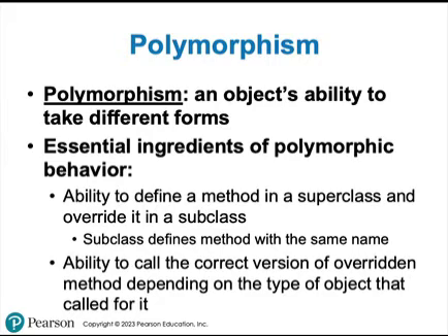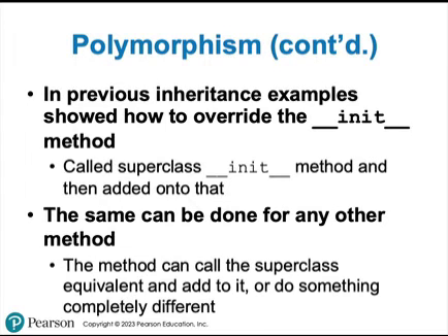So basically what polymorphic behavior is, is looking at the object itself and determining what method should be called. So Python and object-oriented programming languages just know how to do this.